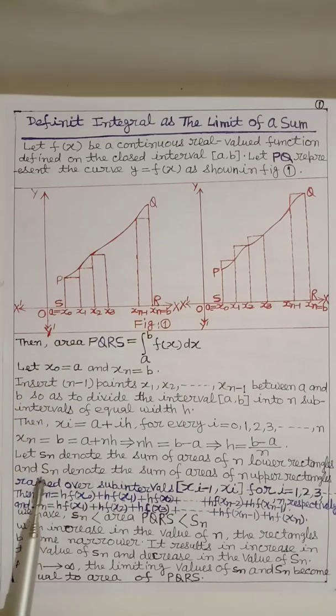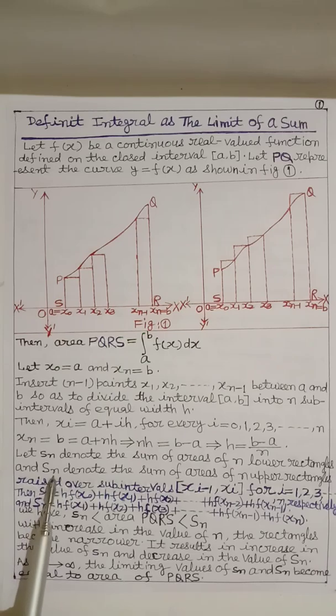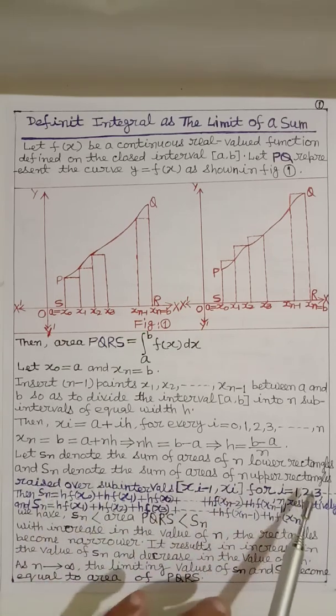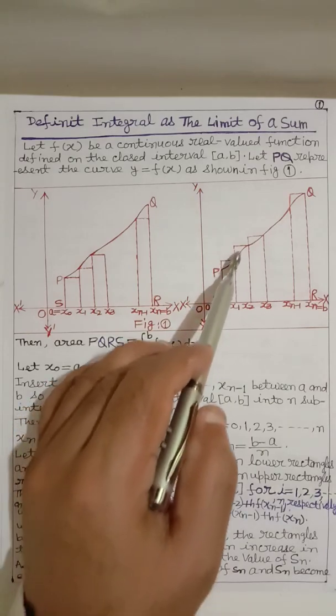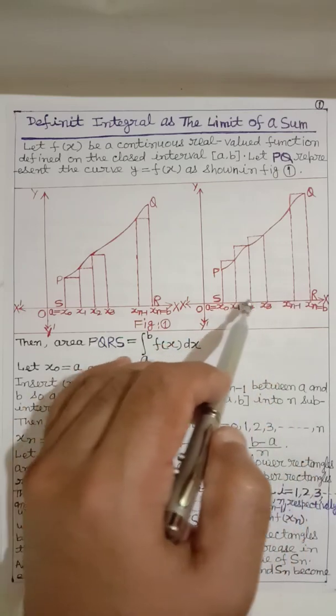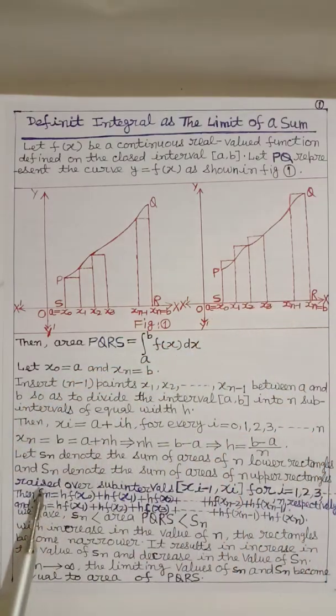And capital Sn denotes the sum of areas of n upper rectangles. Here these are upper rectangles, so the sum of areas of these upper rectangles is denoted by capital Sn.